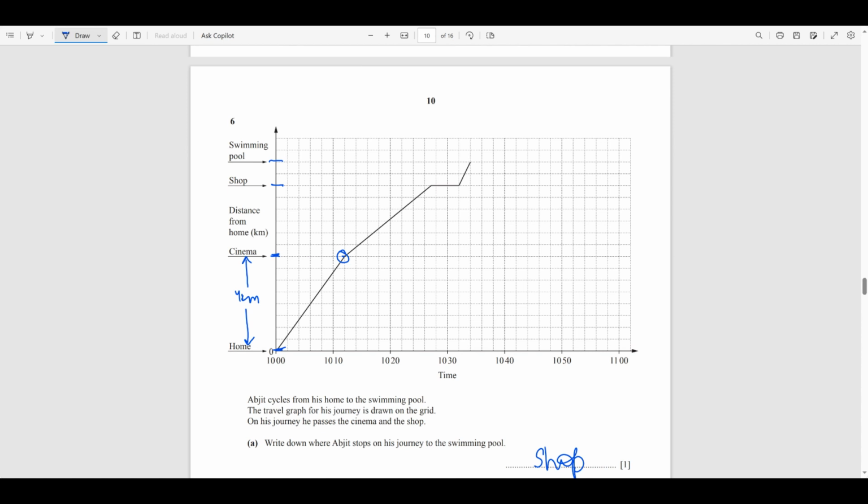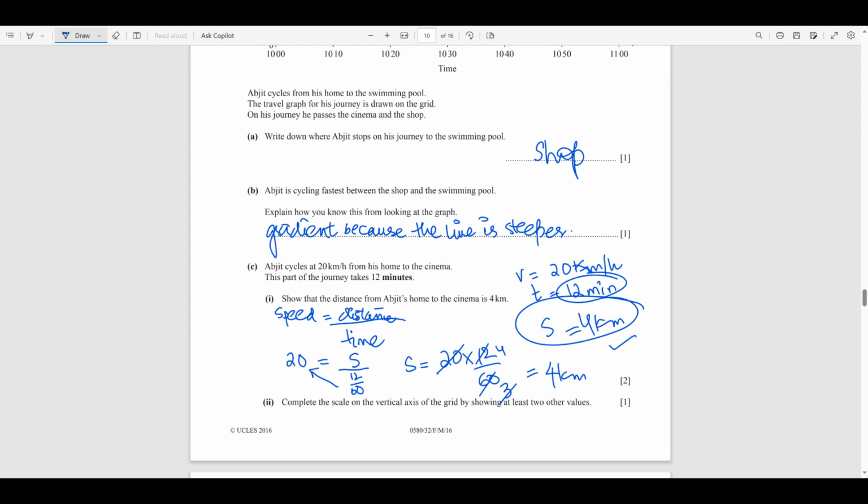So 8 boxes represent 4 kilometers, which means the next value, if this is 4, would be 8, after another 8 boxes. 1, 2, 3, 4, 5, 6, 7, 8. So the swimming pool is 8 kilometers away from his home. Right, so 2 points are enough. They're asking for 2 points.